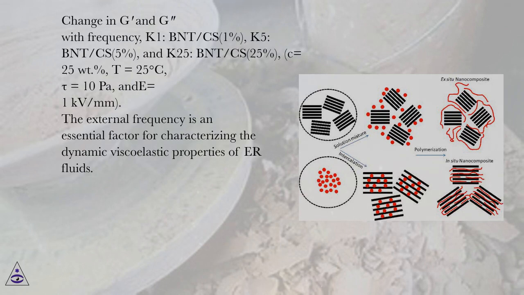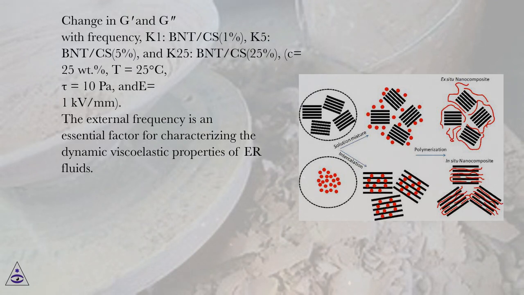Change in G' and G'' with frequency, K1, BNT/CS 1%, K5, BNT/CS 5%, and K25, BNT/CS 25%, C equals 25 weight%, T equals 25 degrees Celsius, tau equals 10 pascals, E equals 1 kV/mm.